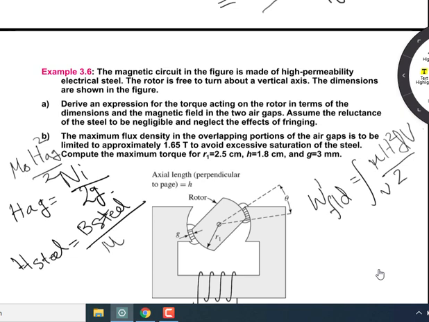Sorry, axial length is that length perpendicular to the page, H. So this structure is like the length H is perpendicular to the page, so you can consider the thickness of this structure is small h. Now see, that air gap is G, so the volume of these two overlapping air gaps is how much?